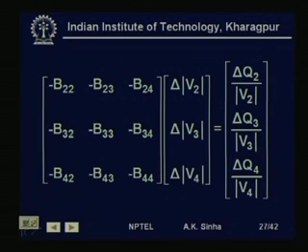And similarly, for the other expression we have again minus B22 minus B23 minus B24. So, this matrix contains terms of susceptance only.